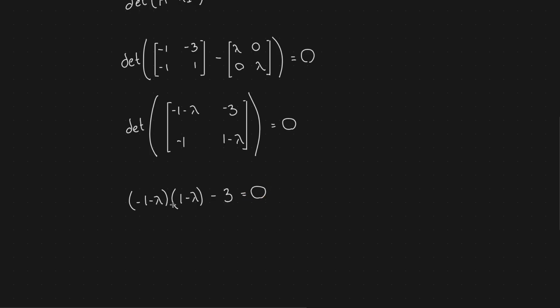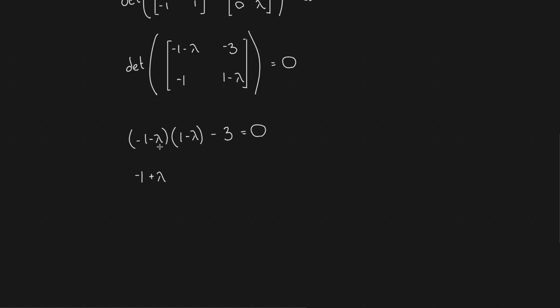The first thing I want to do is multiply things out here. Okay, so if I FOIL things out, I'll get -1 plus lambda minus lambda. Those will cancel, right? Let me write it out just since it's our first time.